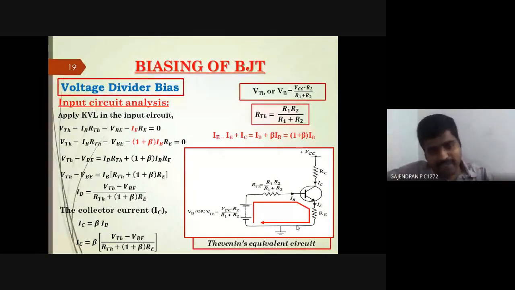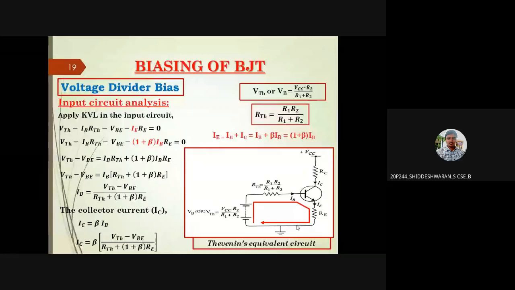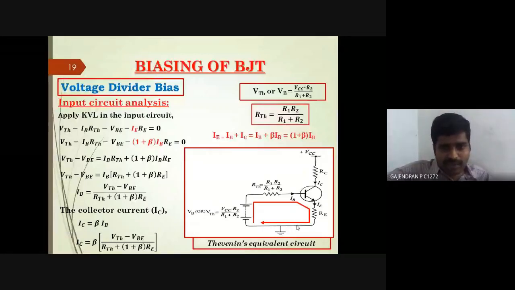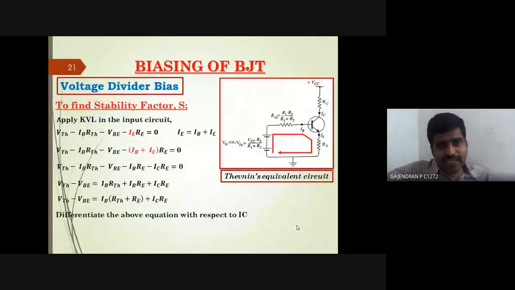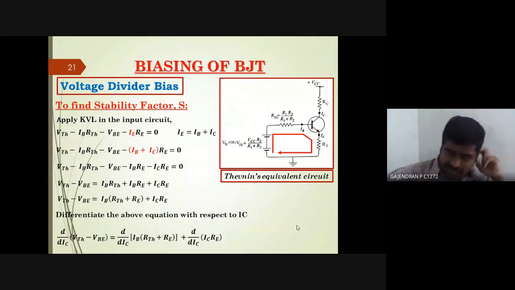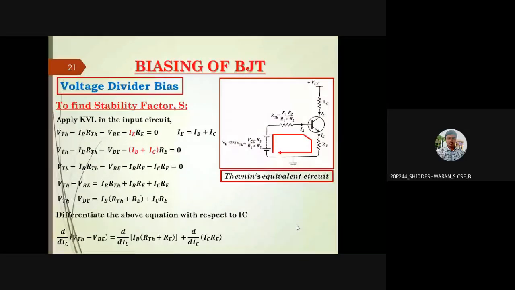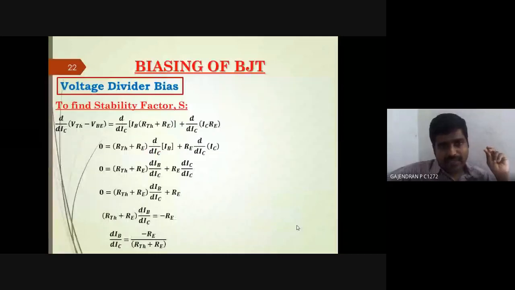Shall I move to the second slide, please? Yes, sir. Take the screenshot of this. Have you taken a screenshot of both slides? Yes, sir. Third slide, to find the stability factor.